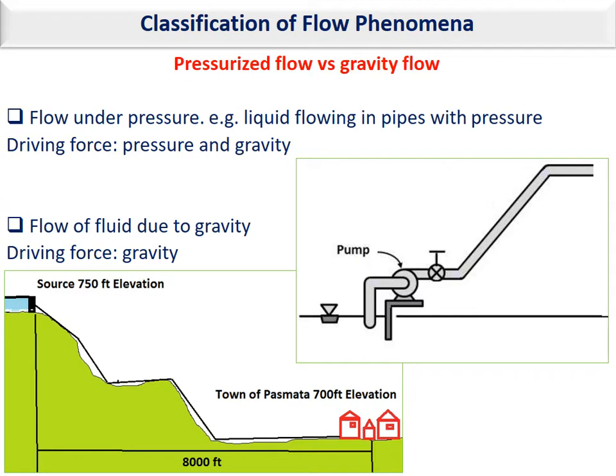In this case, the driving force for the flow is pressure and gravity. It means that in addition to gravity, you have another form of driving force. For example, like the pump shown here on the right, which is used to pump water from this surface, for example a vessel or something like this, to an upper height.